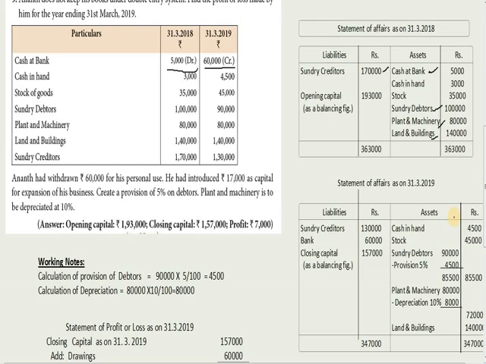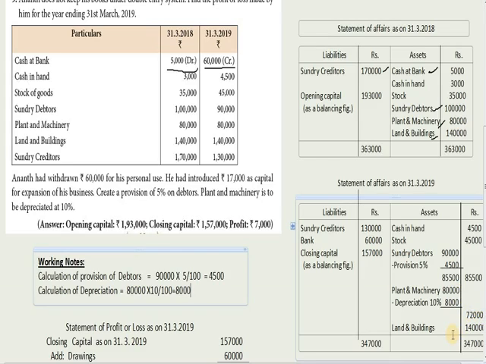And plant and machinery is 80,000. From that 80,000, we are deducting the depreciation value of 10%. On 80,000, if you calculate 10%, it will come to 8,000. So after deducting 8,000, we are getting a closing value of plant and machinery as 72,000.